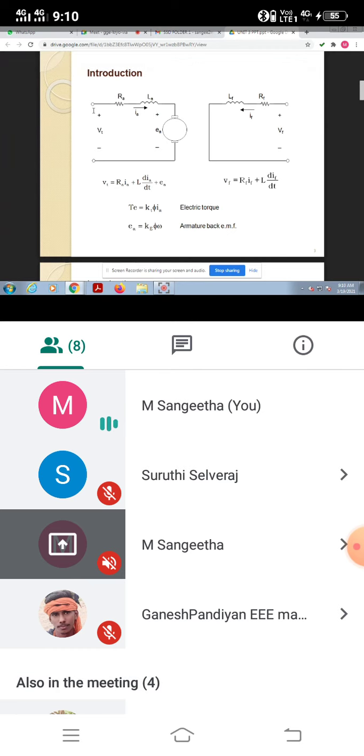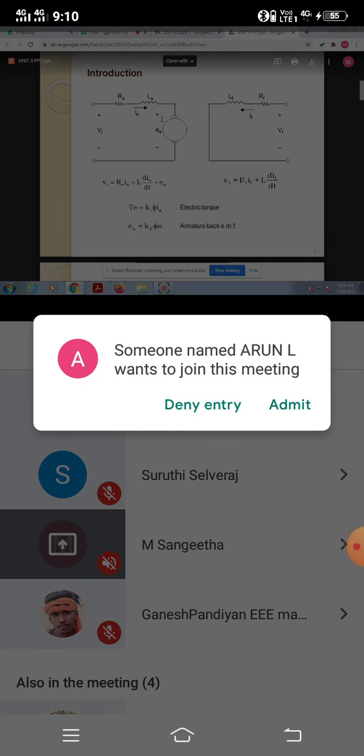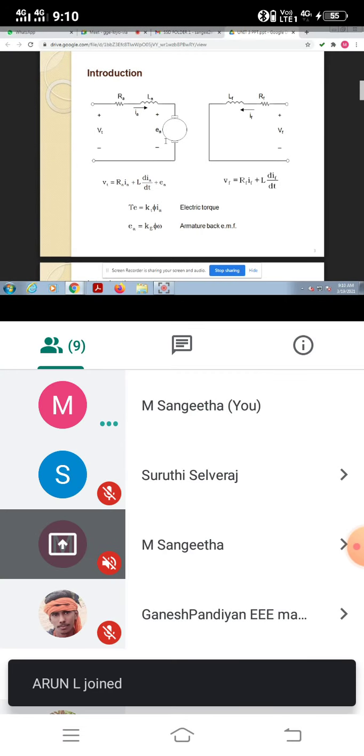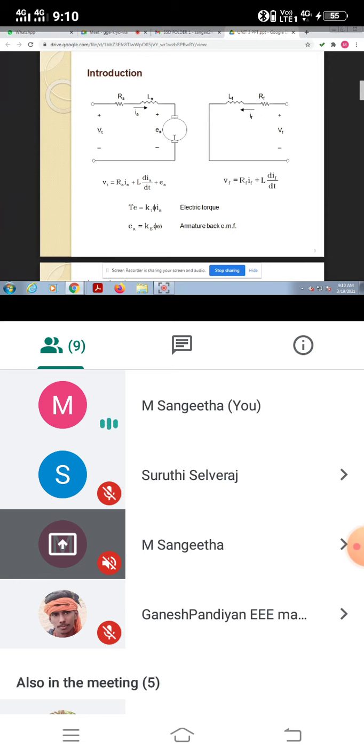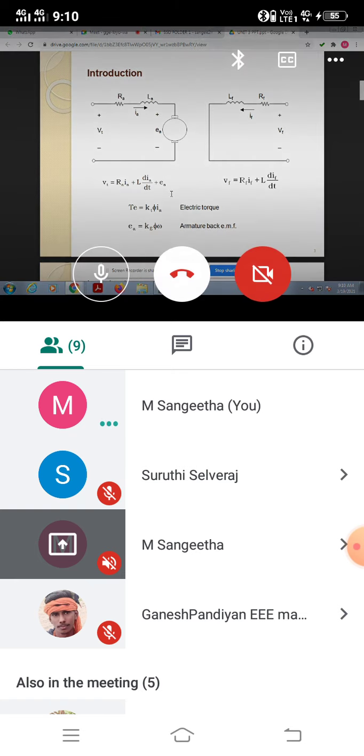The armature current flows through the armature resistance and the armature inductance, then it reaches the motor. The motor receives that armature current and rotates according to its connection. Finally, it produces a proper mechanical output, along with the back EMF. These are the features that support making this electrical equation.